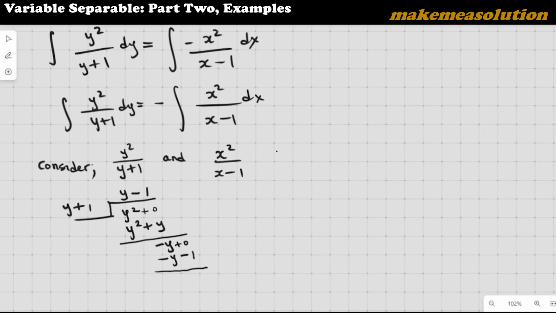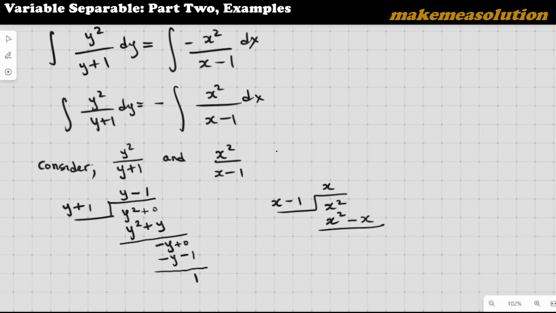So we are subtracting. Minus y minus minus y is 0, then 0 minus minus 1 is 1, like this. So you're going to repeat the same process for x minus 1 and x squared. So x into x squared is x, x times x, x squared, and x times minus 1 is actually minus x.